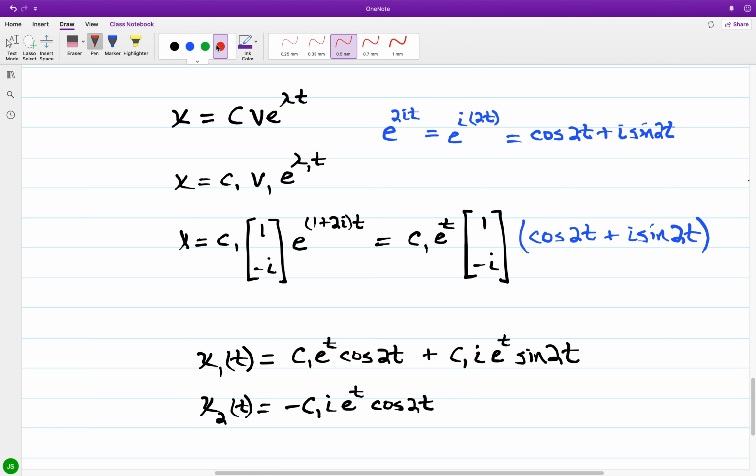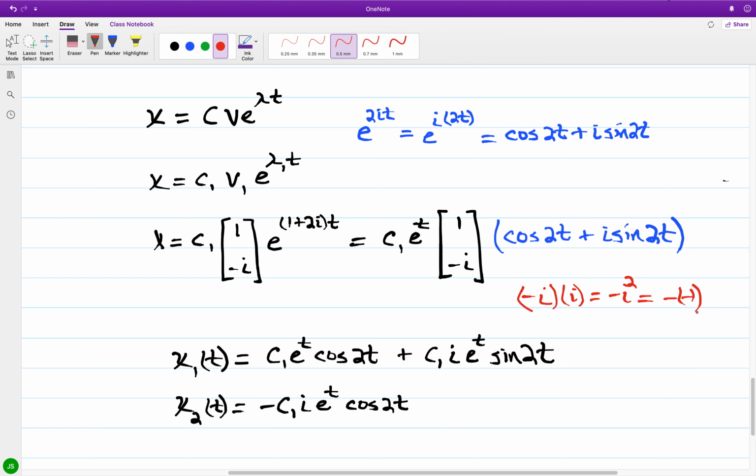Negative i times i is equal to the negative of i squared. i squared is negative 1, so this will come out to positive 1. So this is going to be plus c1 e to the t, negative i times i is a positive 1, times the sine of 2t.